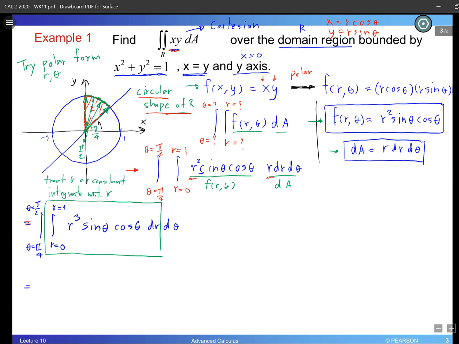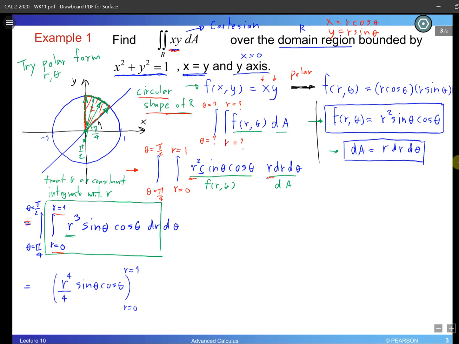So integrate r cubed with respect to r. It's going to be r to the fourth divided by 4. Everything else stays the same: sine theta, cosine theta, and you are supposed to evaluate this at two values of r, r equal to 0 and r equal to 1.